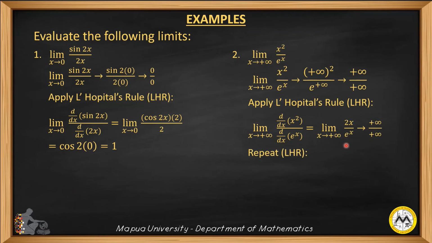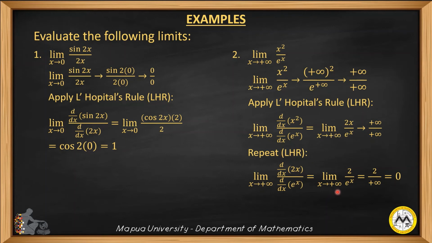So the second application of L'Hopital's rule would lead us to having limit of the derivative of 2x divided by the derivative of e to the x as x approaches positive infinity. And differentiating 2x, we will just have a 2, and the derivative of e to the x is e to the x.